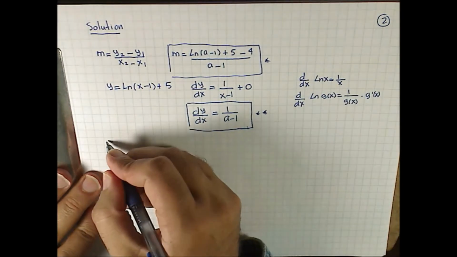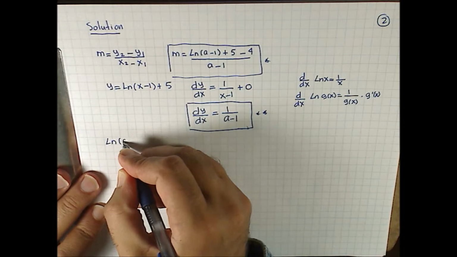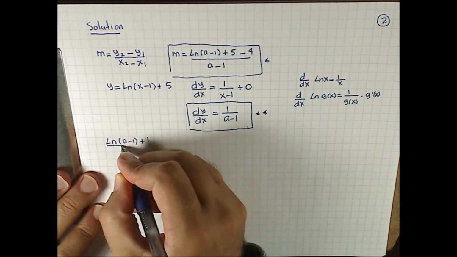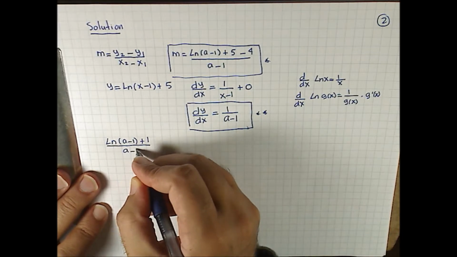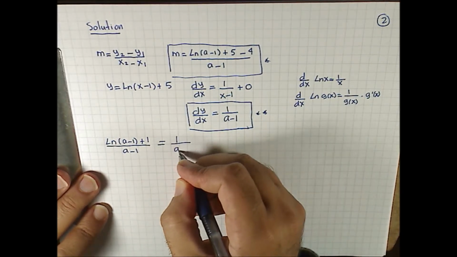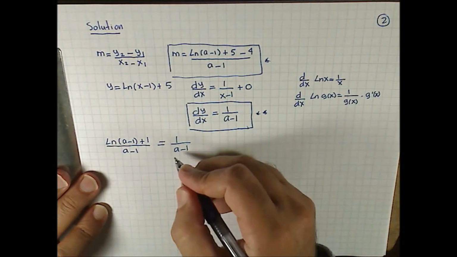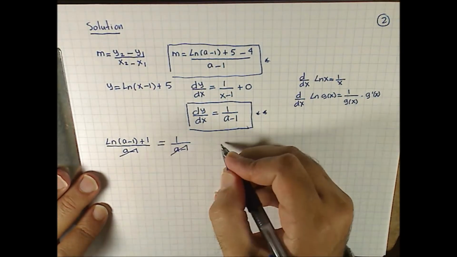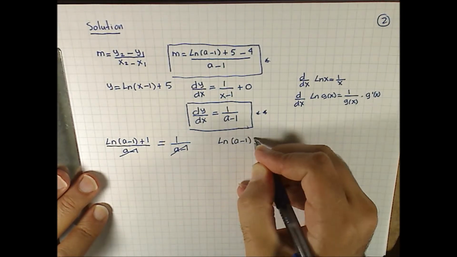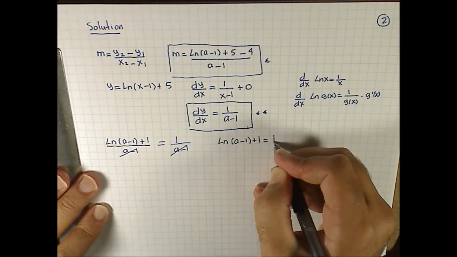Okay, so the slope is log of a minus 1 plus 1 divided by a minus 1 is equal to 1 over a minus 1. I can cancel out the a minus 1s, and we'll get log of a minus 1 plus 1 is equal to 1.